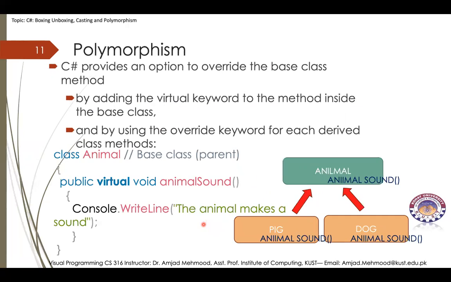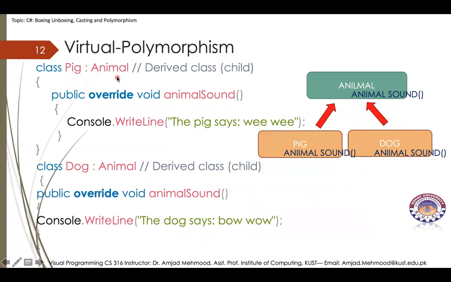I'll show you that. Here you can see that we have the animal class, and the parent class is writing a modifier that is virtual. When it comes to the child class, you see override. This means that this pig class, which is a child class of the animal class, is overriding its parent class method called animal sound.